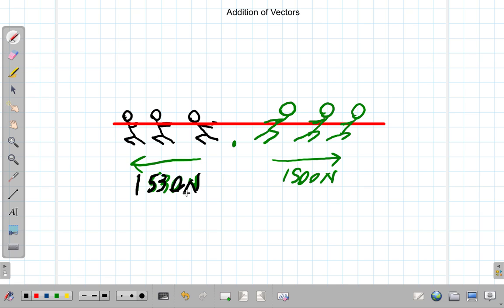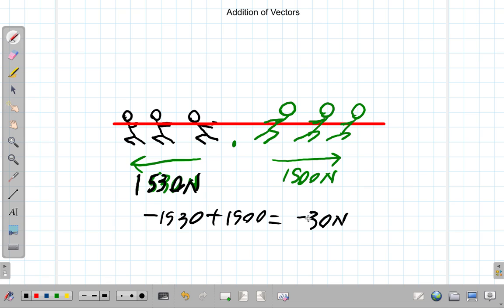So, in this case, what we have is a negative 1,530 because they're pulling to the left, plus 1,500 newtons because they're pulling to the right, equals, when you add them, you will get negative 30 newtons. So, the 1,500 on each will cancel each other and leave 30 behind.